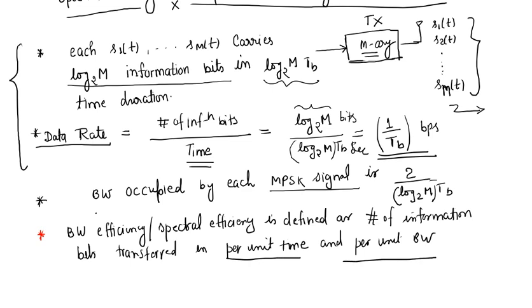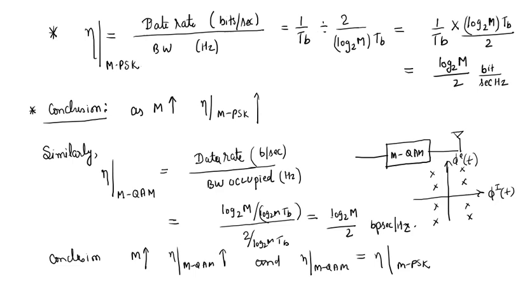So the information which you are transmitting to the channel per unit time is called data rate, and if it is further divided by bandwidth then it is called bandwidth efficiency. So bandwidth efficiency for the PSK scheme would become data rate, which is 1 upon Tb, divided by bandwidth, which is 2 by log2 M Tb.